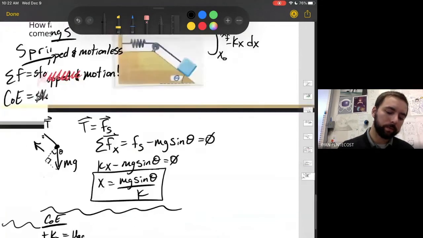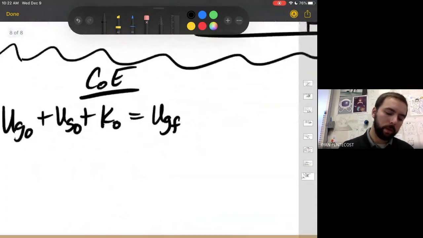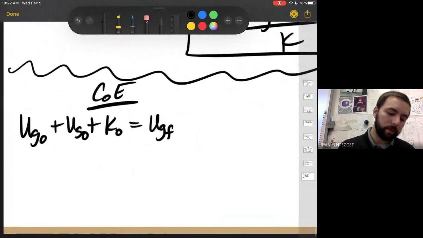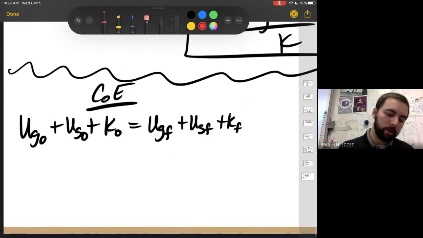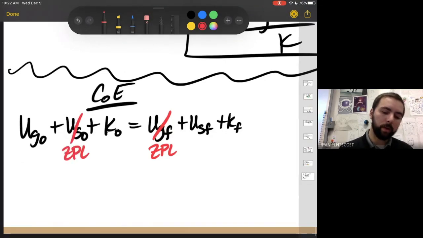Good. So then we have the final spring energy, we have K final, and no friction. So that's everything we've got. Wherever it lands, we'll call that our gravitational zero potential level. It starts at equilibrium from the spring, that would be the zero potential level for the spring.